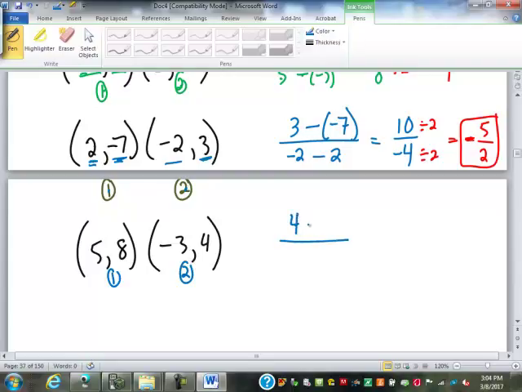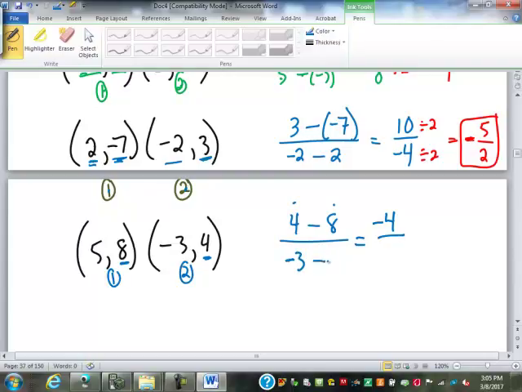The 4, good, minus the 8, good. It's y2 minus y1. y2 is the y coordinate of the second point. y1 is the y coordinate of the first point. So 4 minus 8 gives us negative 4, good.